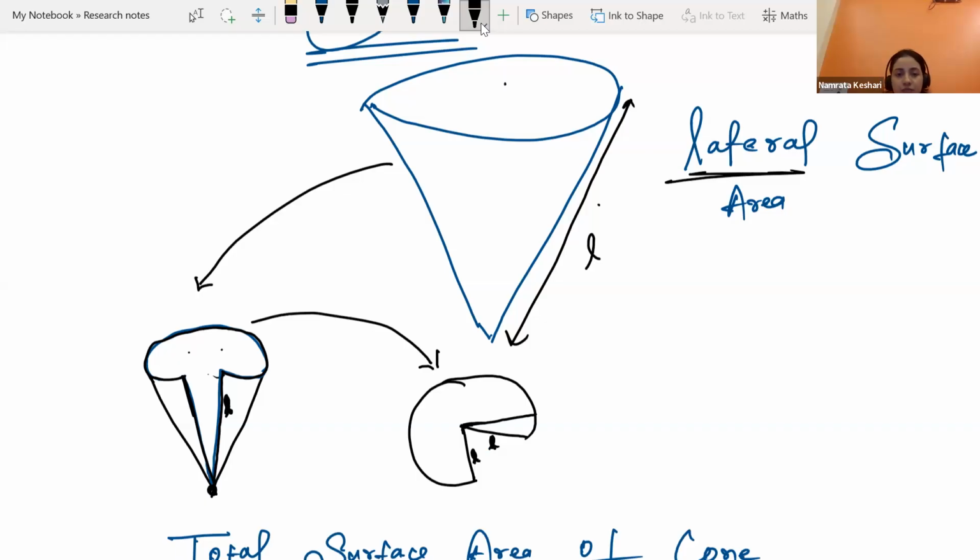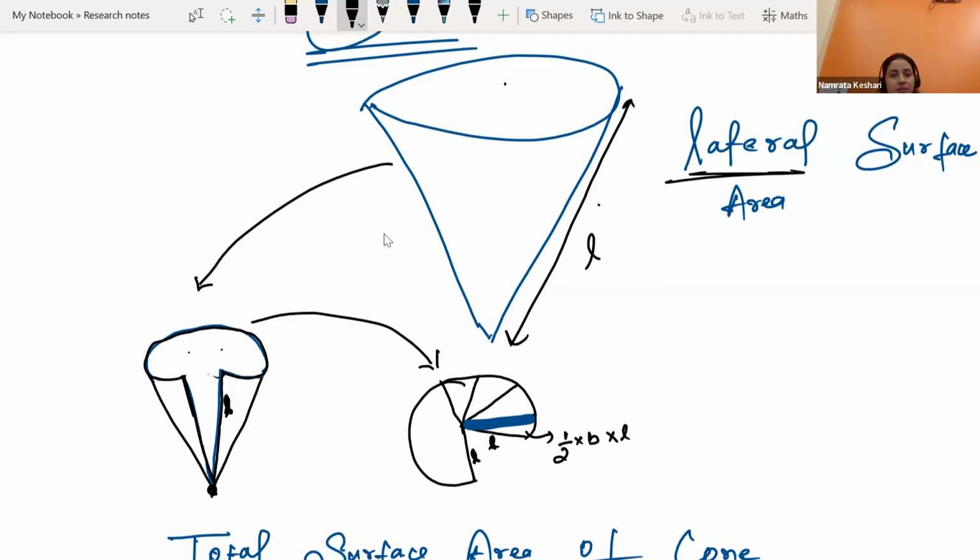From here I am cutting another triangle, and another triangle, and another triangle. Just keep on looking at it. It may not look perpendicular, but I'm trying to show that this is perpendicular. So for the area of this triangle, can I say 1 by 2 into base into height, that is L?